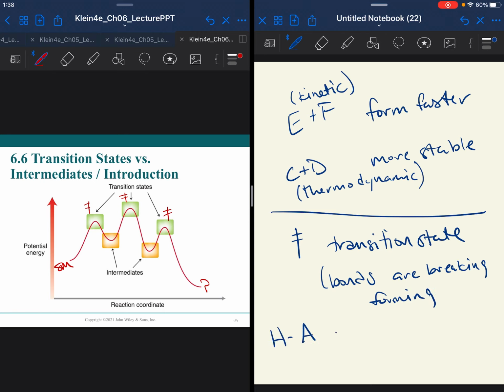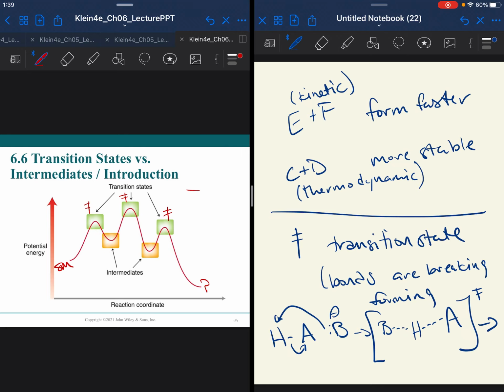If we think about our very basic acid-base reaction, right? The transition state, and I'm going to draw it in brackets here, would be where the base is forming a bond to the proton and the proton bond is breaking from the acid. This is going to be the highest energy point, right? You cannot isolate transition states. Now, this is a very straightforward reaction when we do these acid-base transfers.